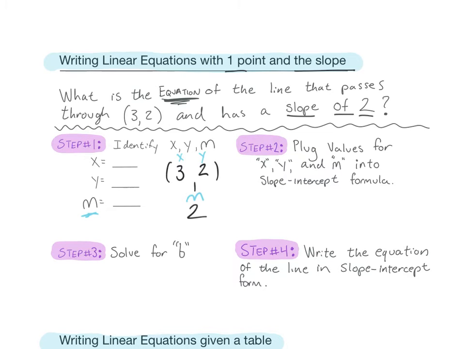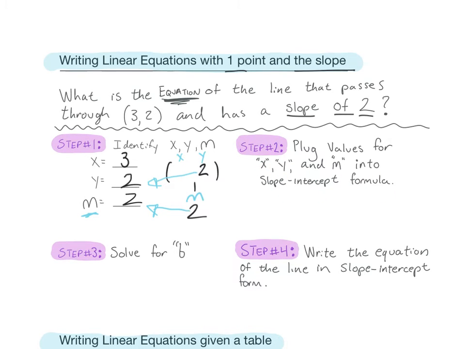So now we just have to move those pieces over into their correct area. So there was the 3, and then we're going to bring this 2 into here as it is y, and we're going to bring this 2 into m as it is m. Next, step 2 says plug values for x, y, and m into our slope-intercept form.